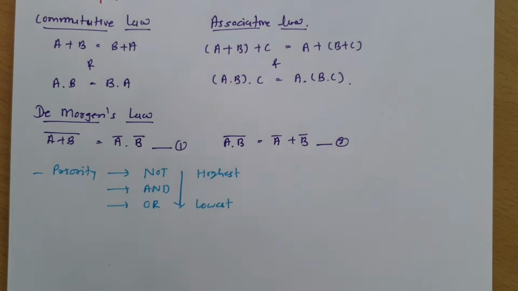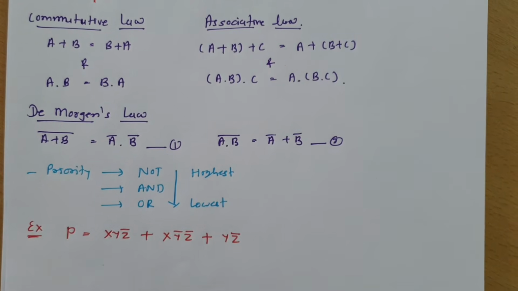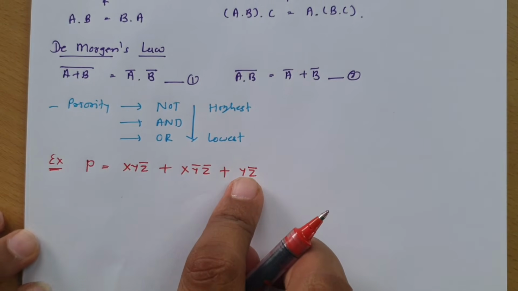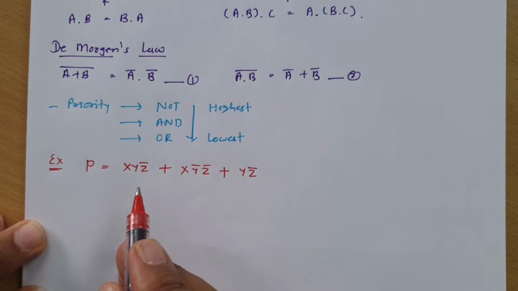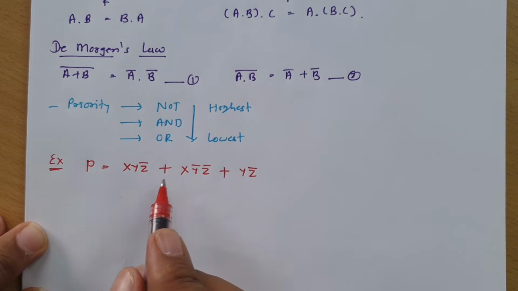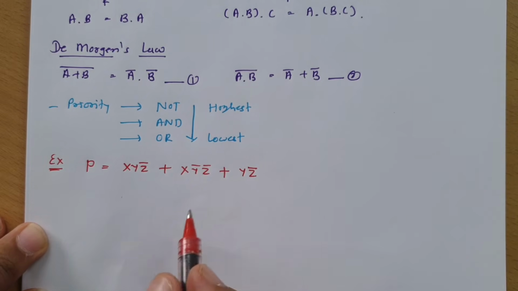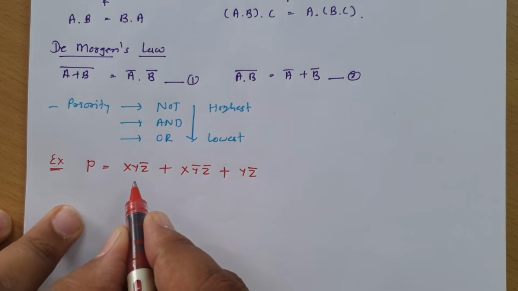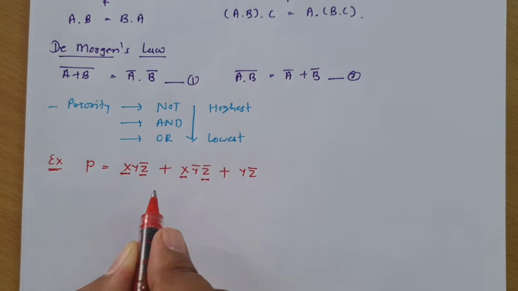So I'll give you one exercise question over here. The question is to simplify this equation by using Boolean rules, right? Here first we need to see, is it possible to have a NOT operation? We don't see anything with respect to a NOT operation. So now I need to combine those terms.